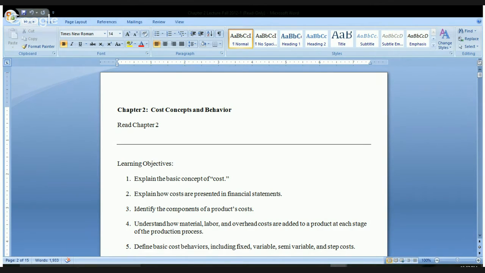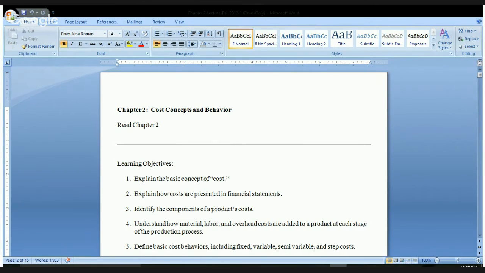Now, when and where are the period costs and product costs recorded? So let's talk about product costs first. Again, product costs are going to be the direct materials, the direct labor, and the manufacturing overhead costs that are attached to a product when it is produced. When we first record the product costs, they're going to be recorded as an asset on your books.